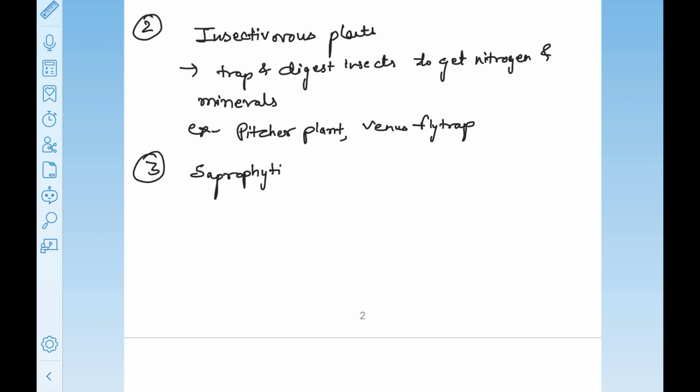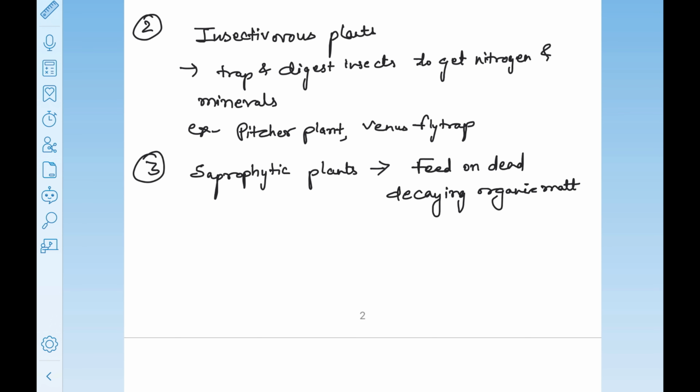Okay, third one are saprophytic plants. These plants feed on dead and decaying organic matter. Okay, an example are mushrooms and Indian pipe.